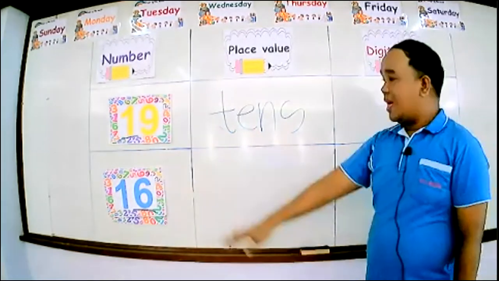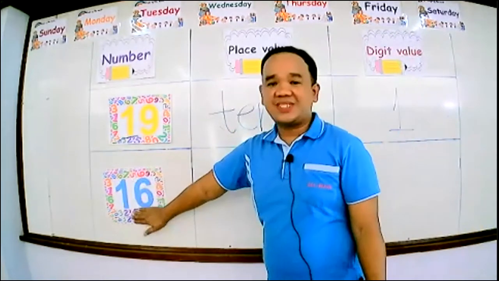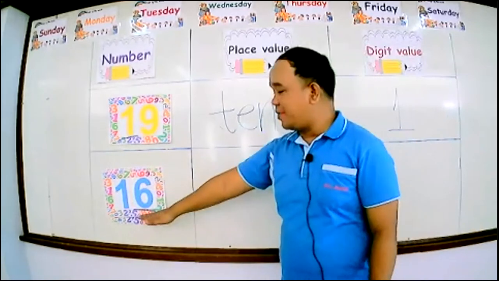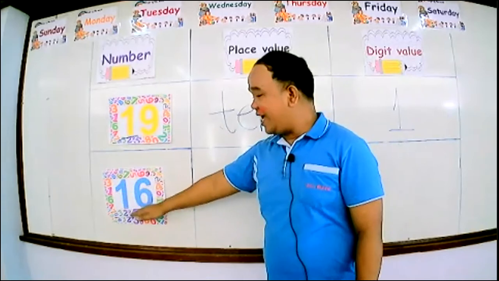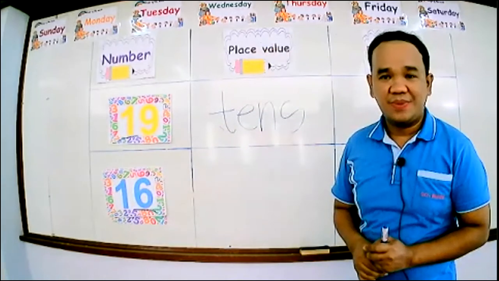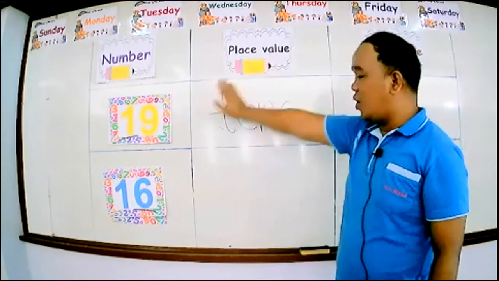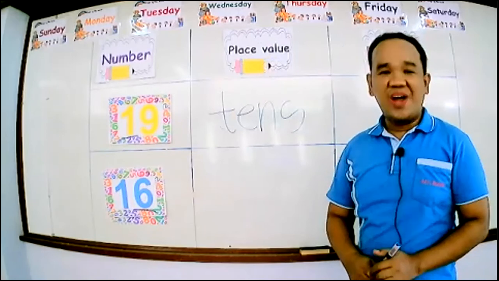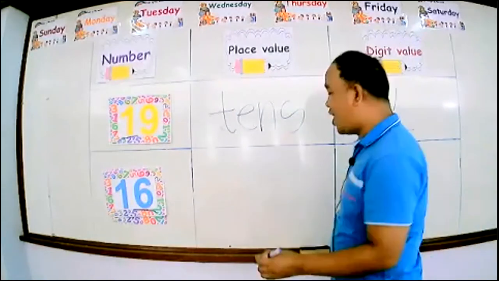Now, how about the number 16? Our underlined number is 6. 6 is what place value? The place value of number 6 is, very good, it's ones.